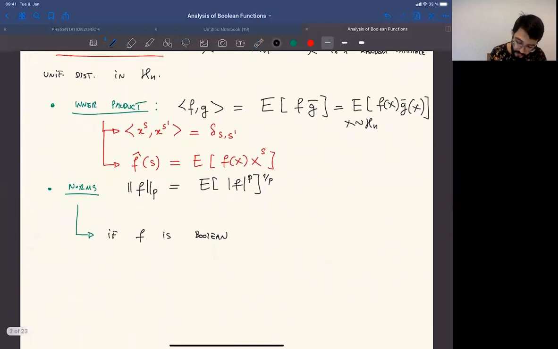Okay, so if f is Boolean, then the expectation of |f|^p, to the power 1 over p, is always 1, because f only has plus or minus 1 as values. In particular, I can put 2 here, and this is 1.